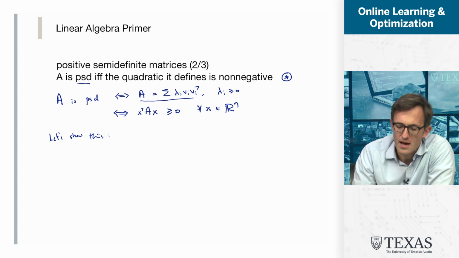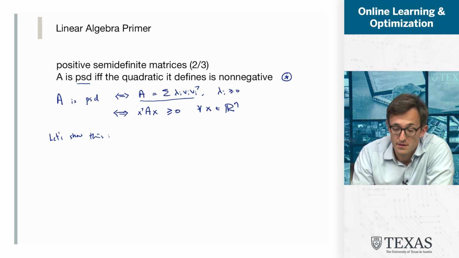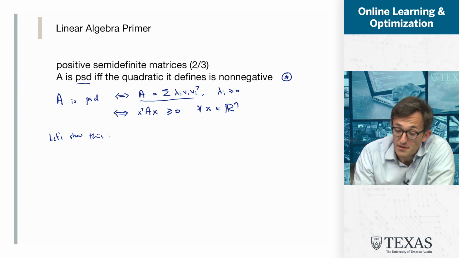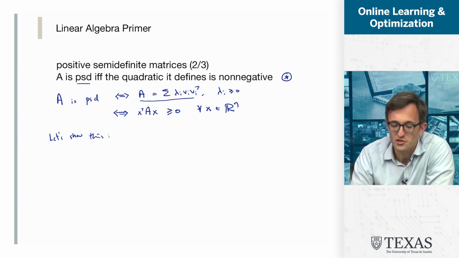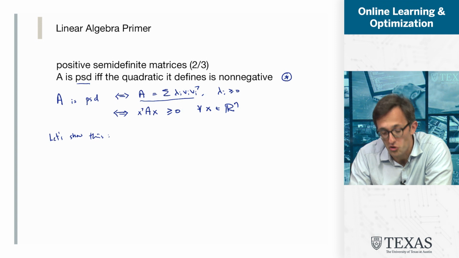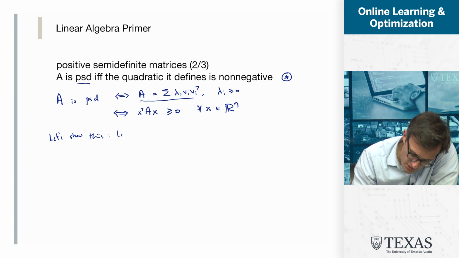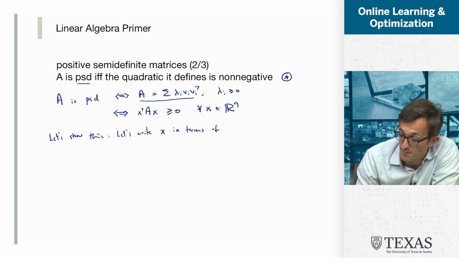I know that the vi's are perpendicular. That also means that they're independent, and therefore they span all of Rn. If that's the case, then I could write a generic element x in terms of the basis v1 to vn.